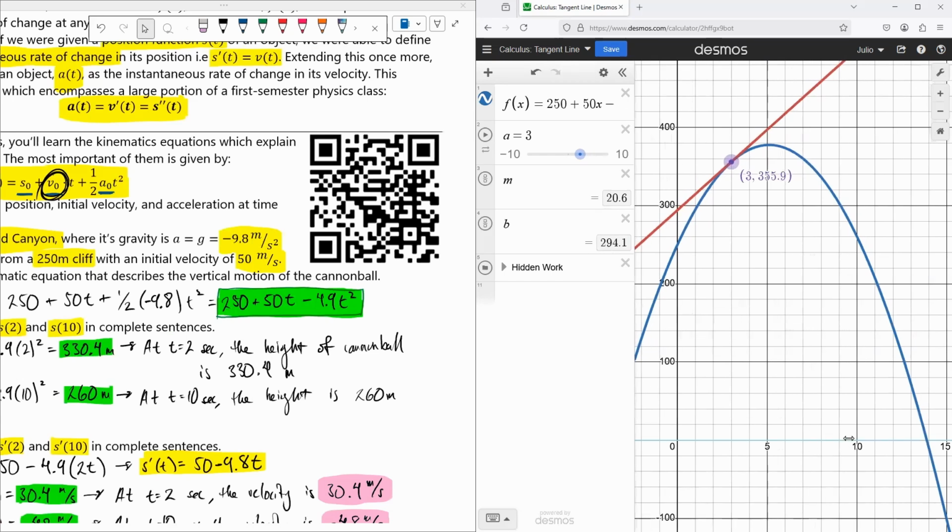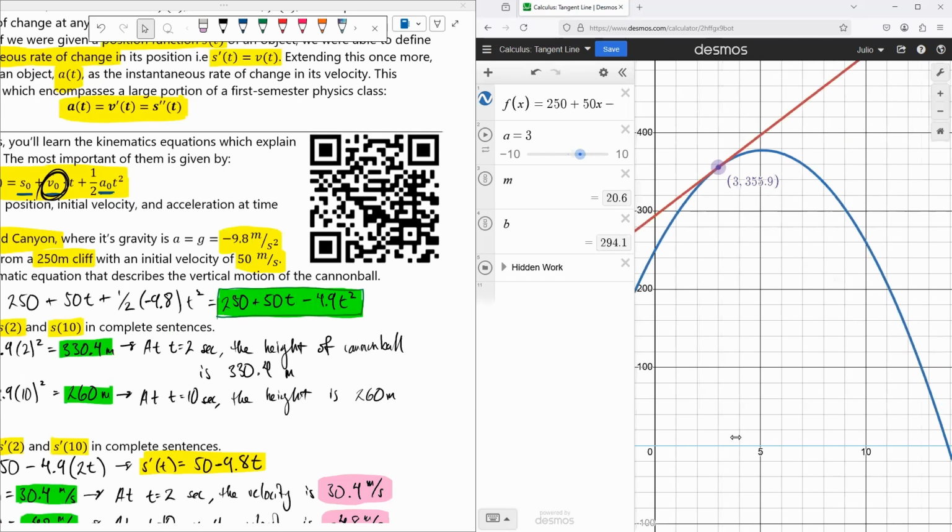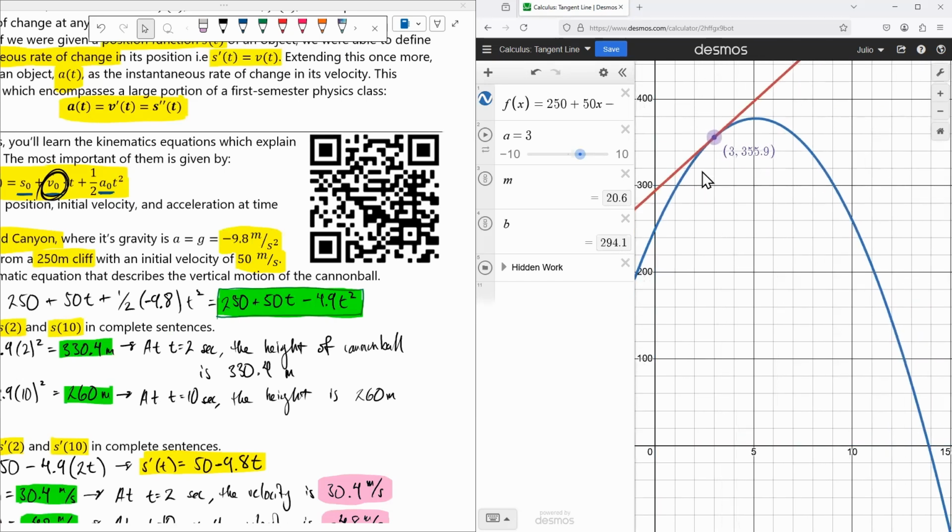We don't need the function to see the function. We need to see the graph. That's the thing that I really want to show you all. Okay, here it is. This is the trajectory. The blue line is the trajectory of our cannonball. Okay? Got it?